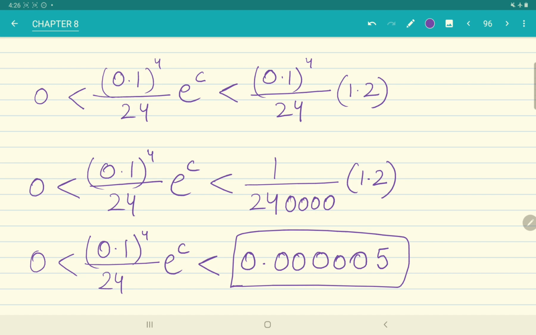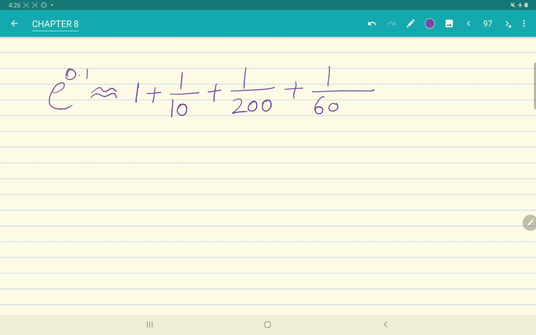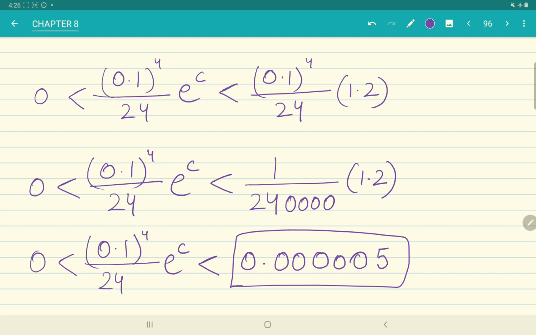So I can go for this approximation of e raised to the power 0.1: 1 plus 1 by 10 plus 1 by 200 plus 1 by 6,000. If we go by this approximation, the error that results is less than this expression.